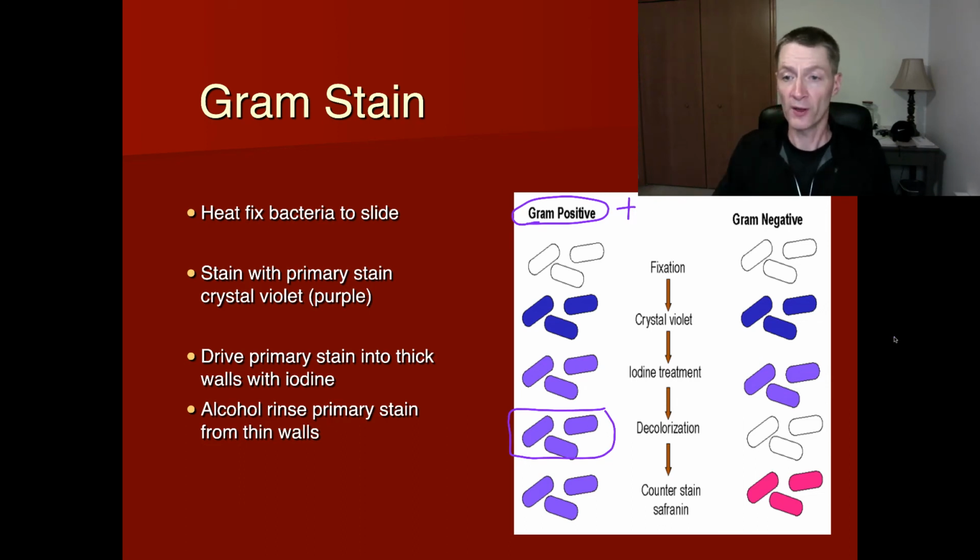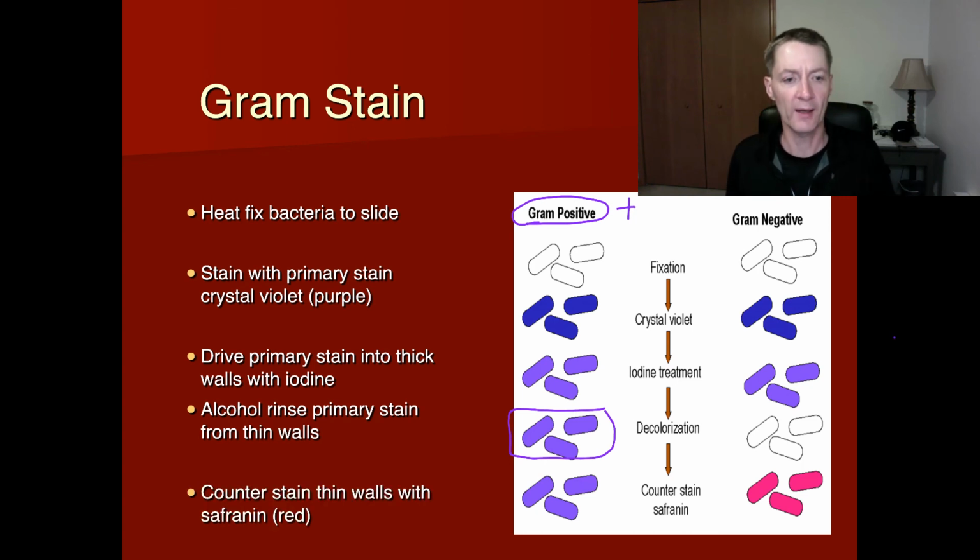So if we were to put the slide under the microscope at that point, we would see no color associated with those Gram negative cells.